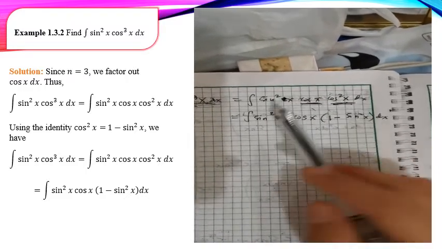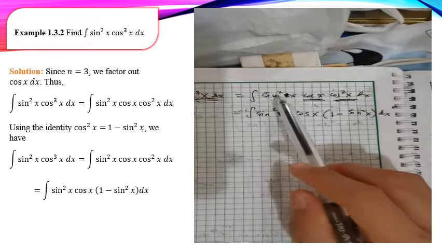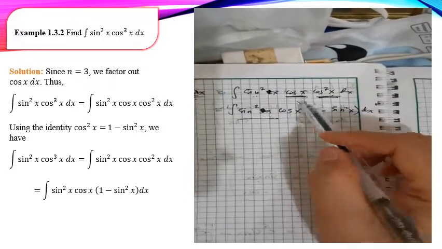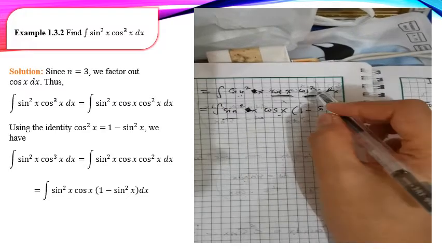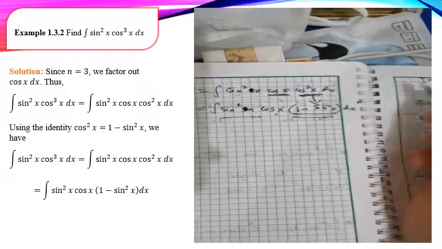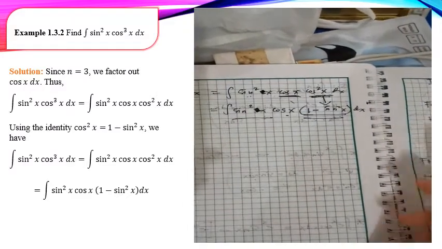Okay, so ang equivalent nito, bring down ko lang si sine x squared, eto siya, and then si cosine x, eto pa rin siya, and then si cosine squared x is pinalitan na siya using the identity 1 minus sine squared x.